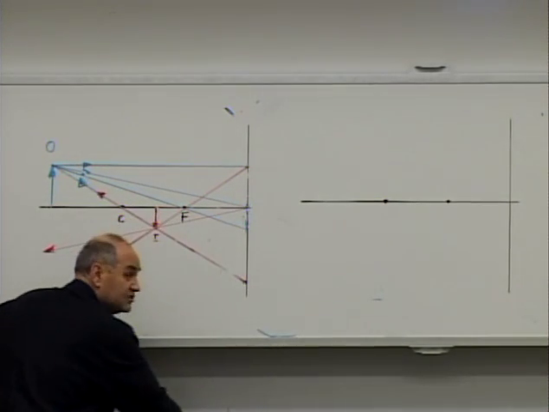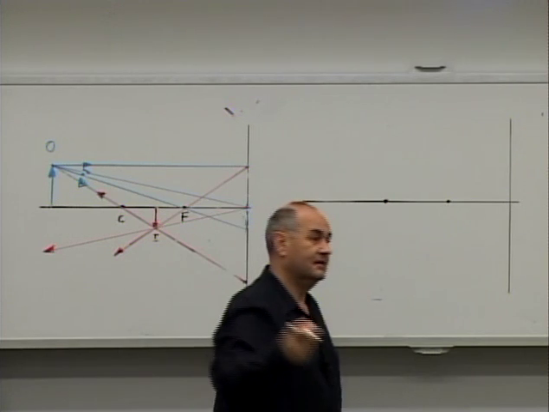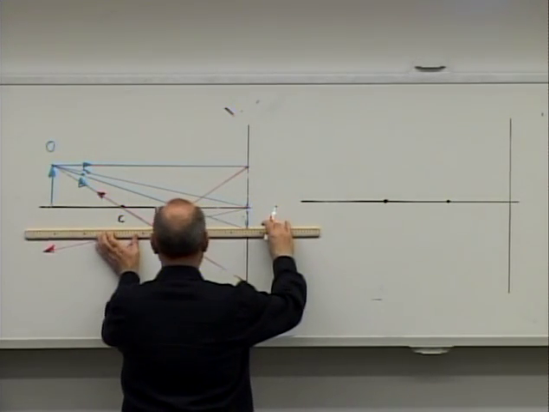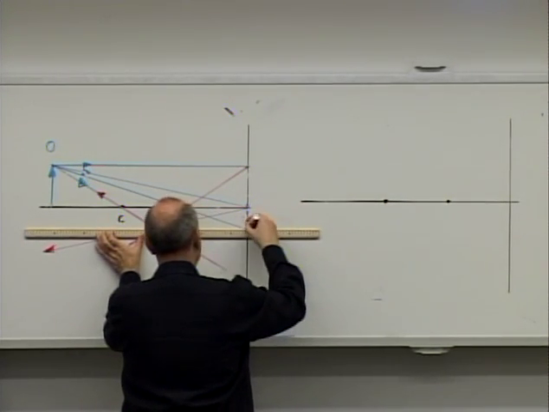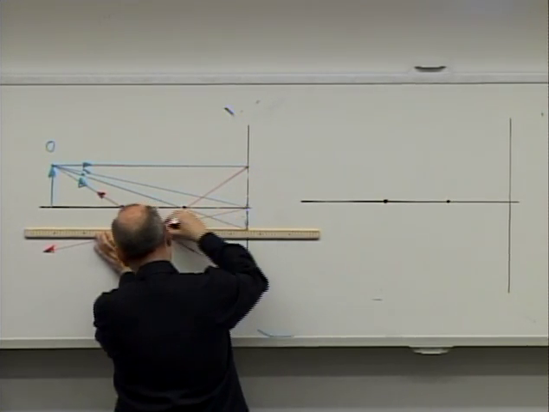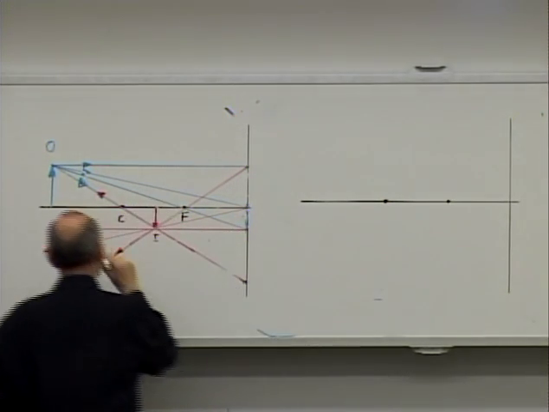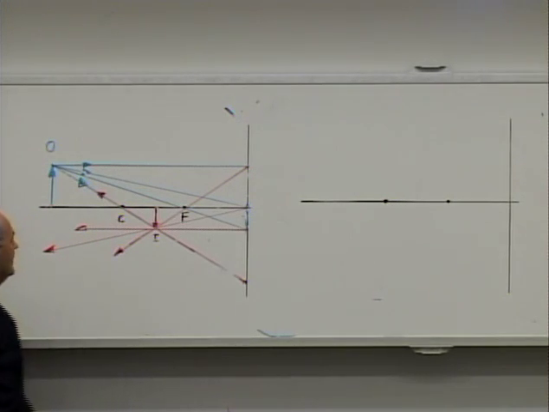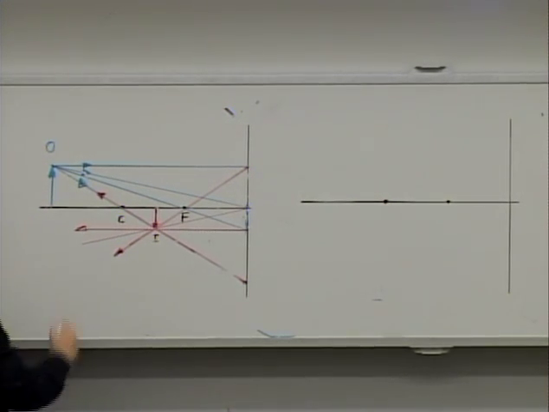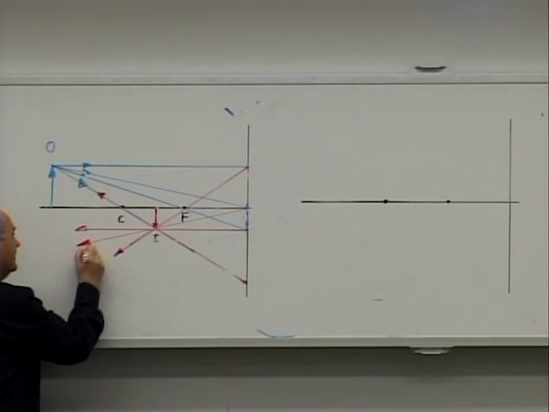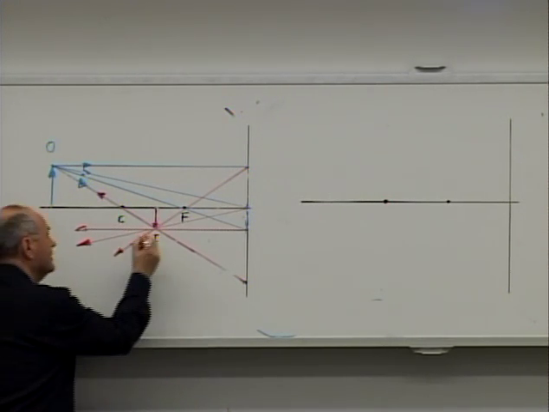And after reflection, it becomes image parallel. All right, so we see that indeed all four met at the same point. Let's make it a little bit shorter. And we have an image over here.